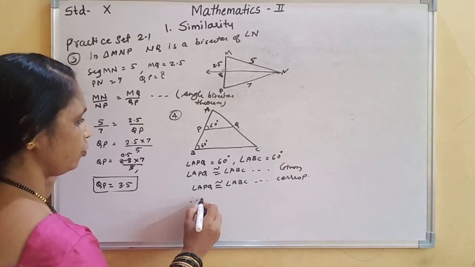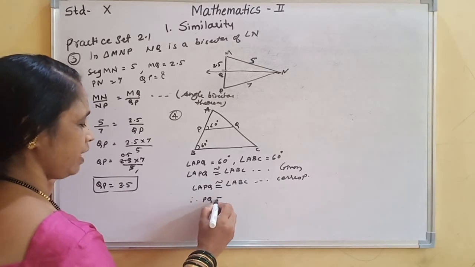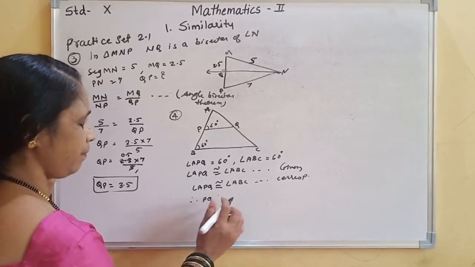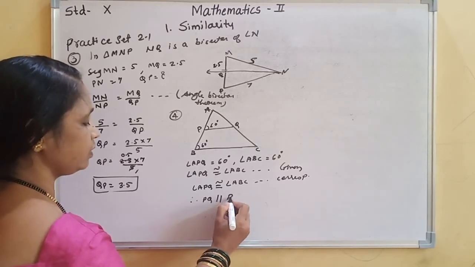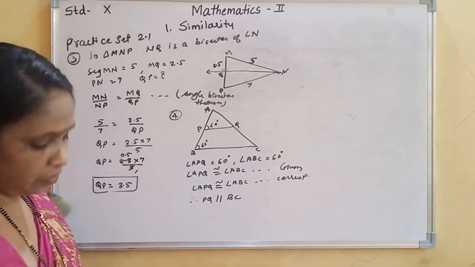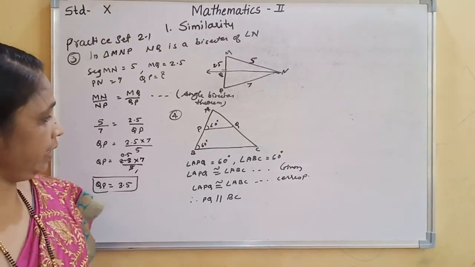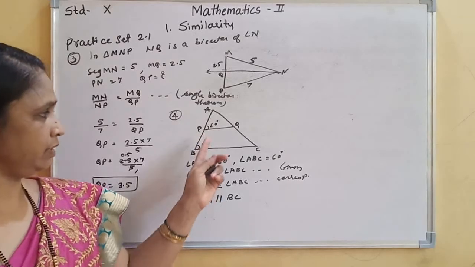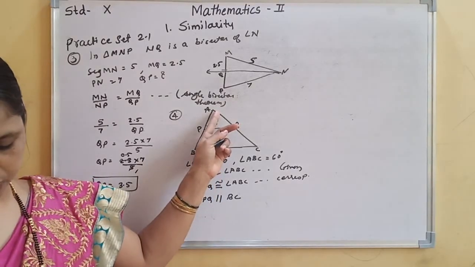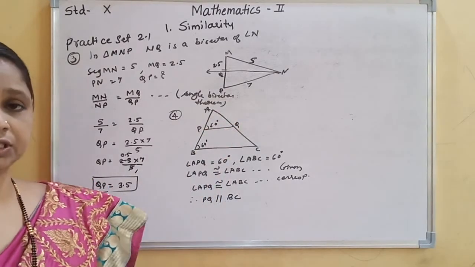Therefore, line PQ is parallel to BC. Now here what we want to find out? AP upon PB is equal to AQ upon QC. Now this we have to find out.